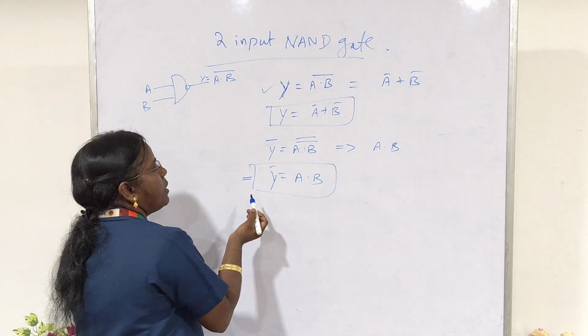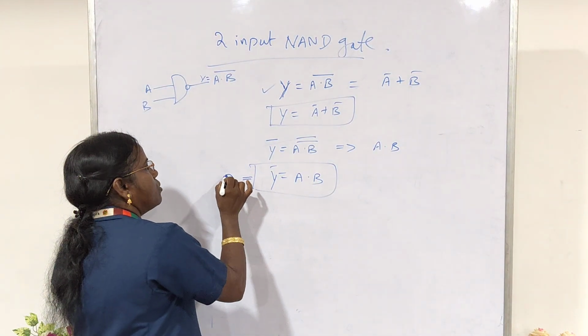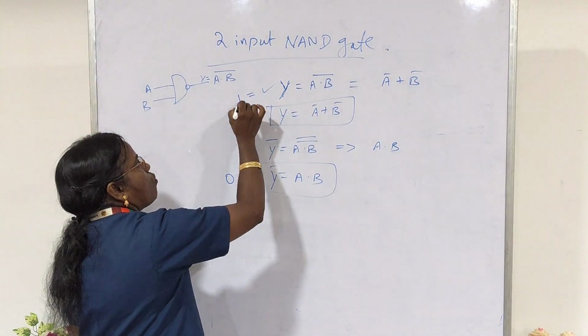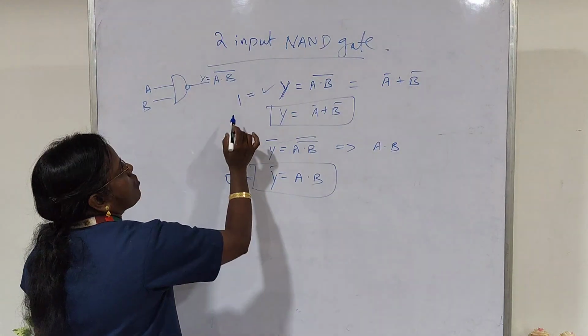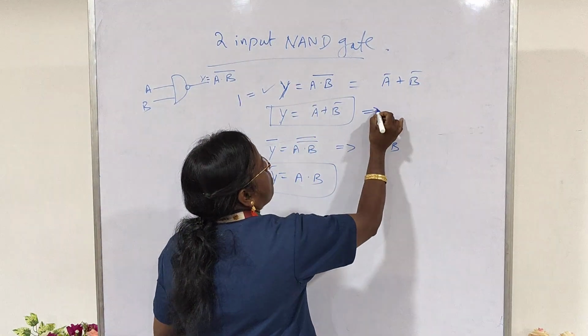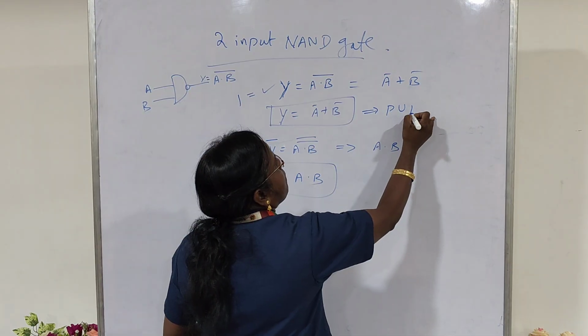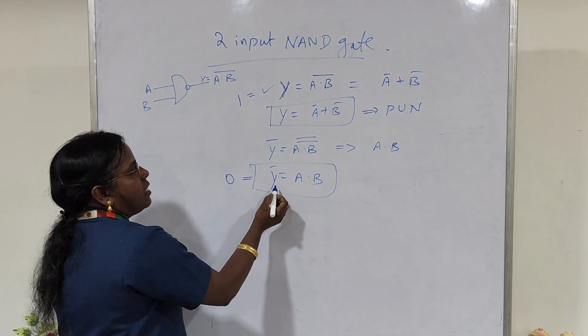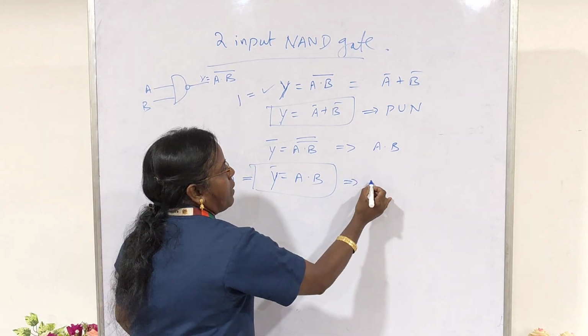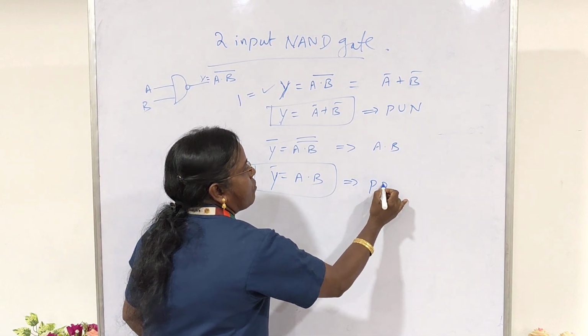Always the complement function has the output logic 0 and the normal or true function has the output logic 1. So this true function Y is equal to A bar plus B bar should be implemented in the pull up network, and the complement function Y bar, which is A dot B, should be implemented in the pull down network.